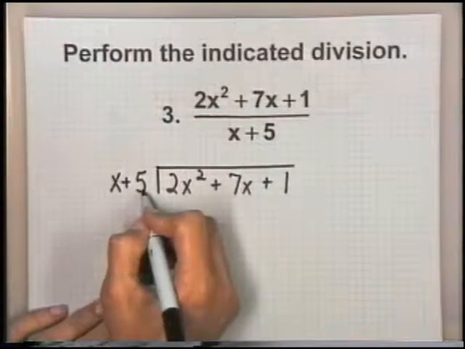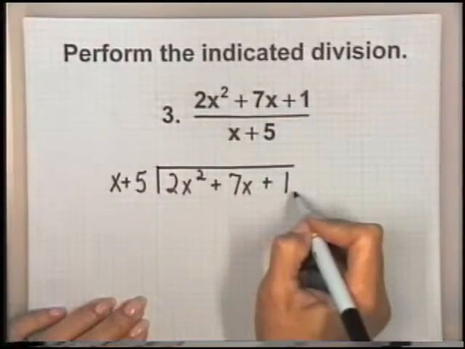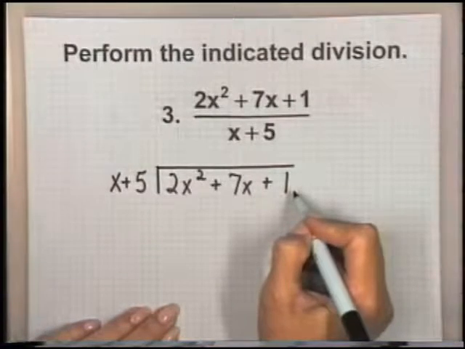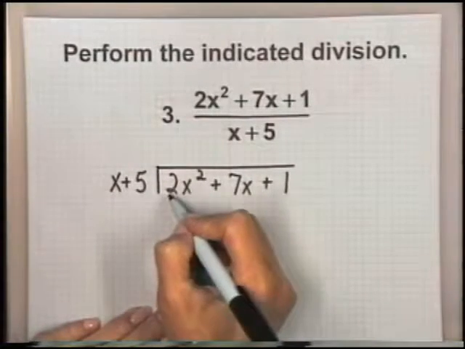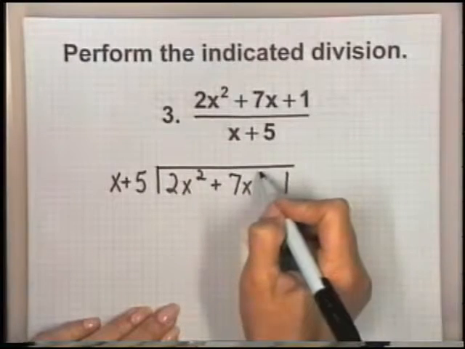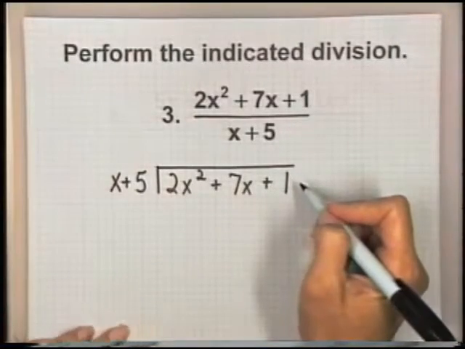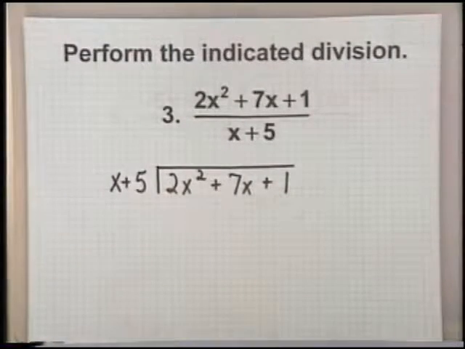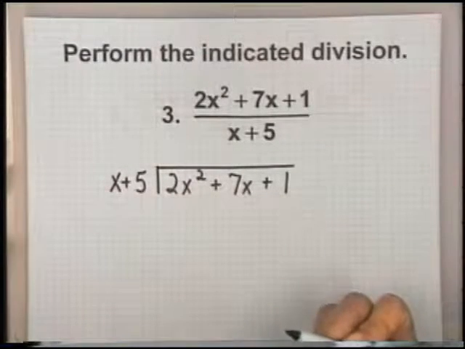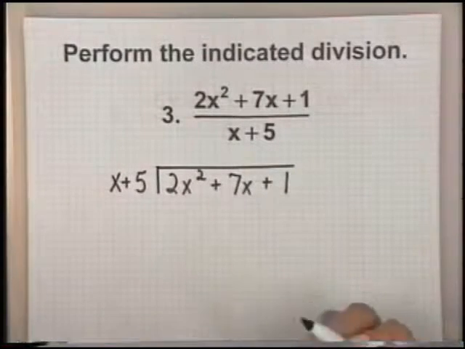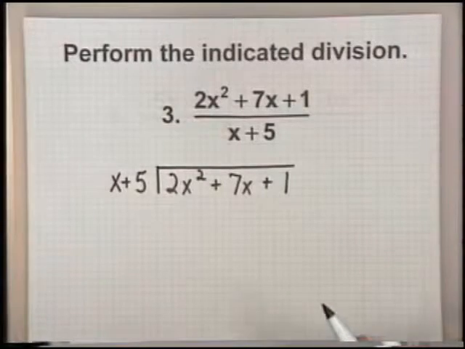We have x to the first power, then the constant, and we want the dividend to be in descending powers of the variable. We want the x squared term first, then the x term, then the constant. So if they are not written in descending order, we write them in descending order.